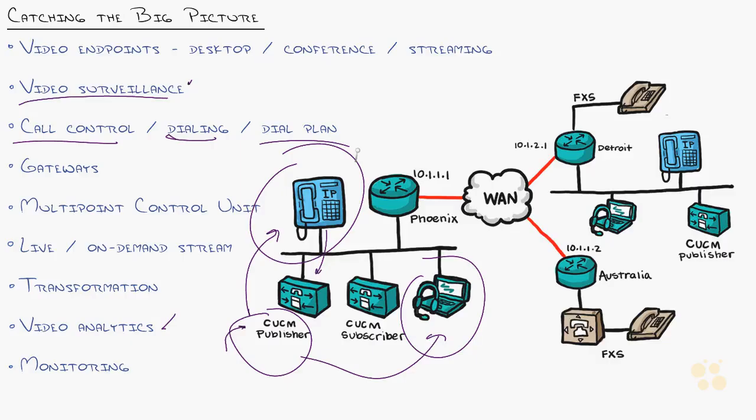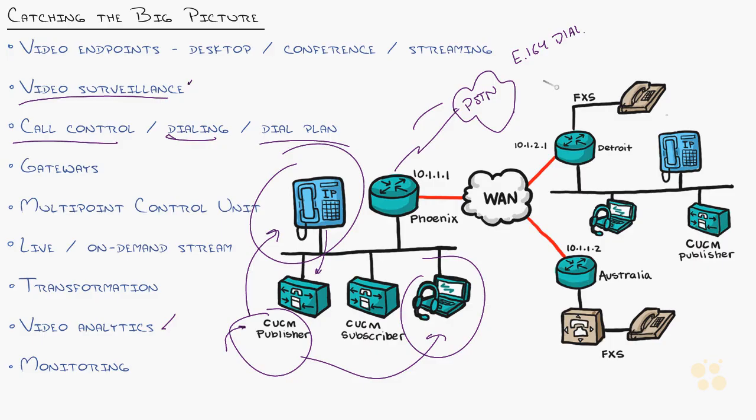So when you're thinking about call control, think about dialing. For instance, if we had this guy connected to the public switch telephone network, essentially the voice network of the world at large today, we'd have to start thinking about things like E.164 dialing. E.164 dialing means essentially the phone plan of the world.